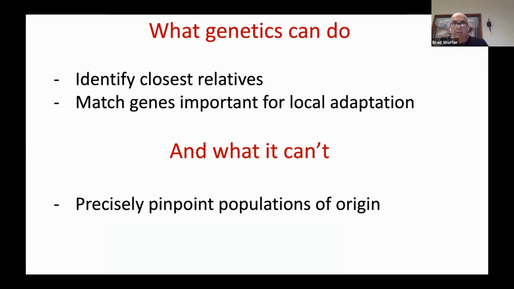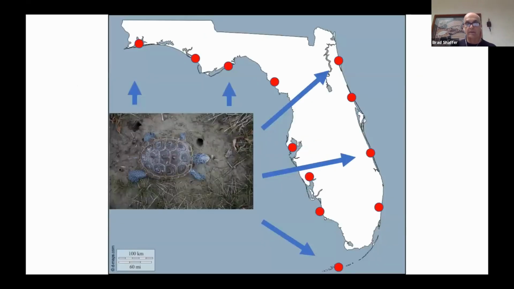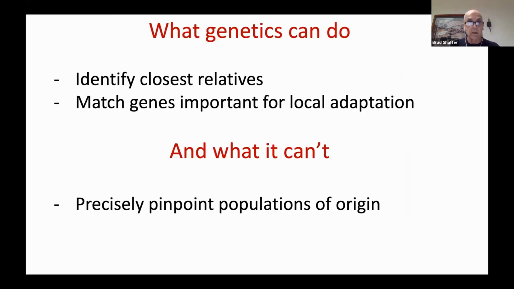So it certainly can identify the closest relative. You know, if we go back to that picture, it can say which of those red dots that target animal is most closely related to, with some degree of precision, as Peter pointed out. It may be able to also focus in on genes that are important in local adaptation.